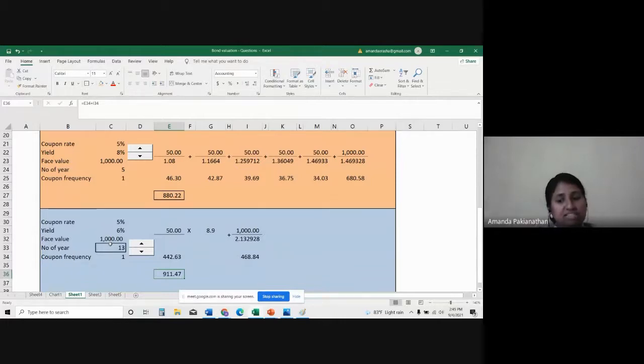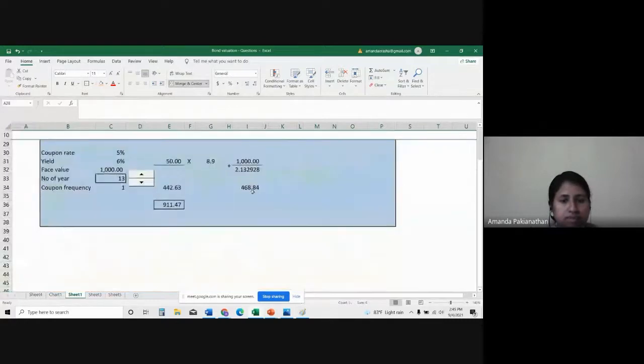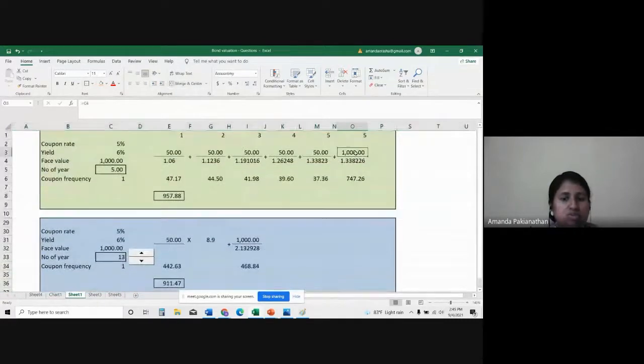So when it gets further and further delayed, the present value falls. Now can you see here? 1000 rupees coming at the end of the 5th year, when all other factors are the same, gave me a present value of 747.